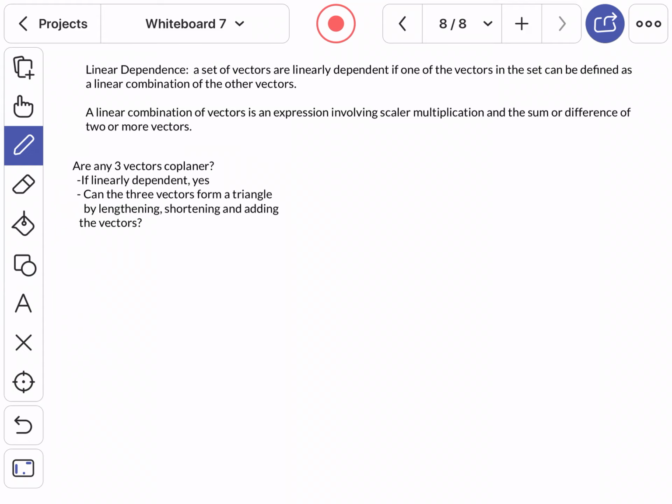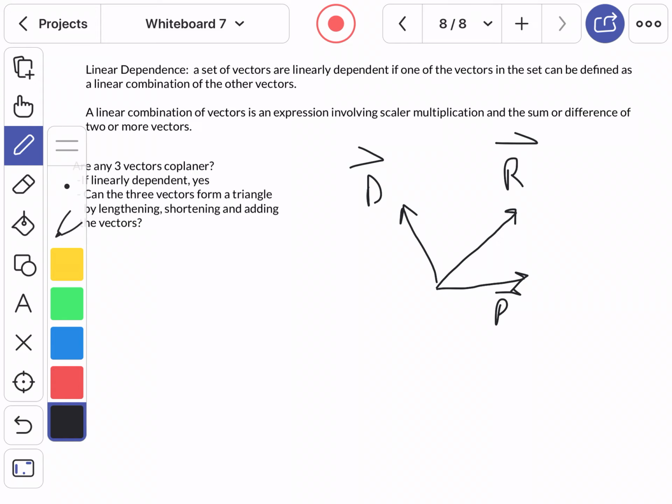Let's say I have vector P, and then I have vector R, and then I'll say I have vector D. So what I want you to try and imagine is, can we make a little triangle out of these things? So, could I imagine vector P?